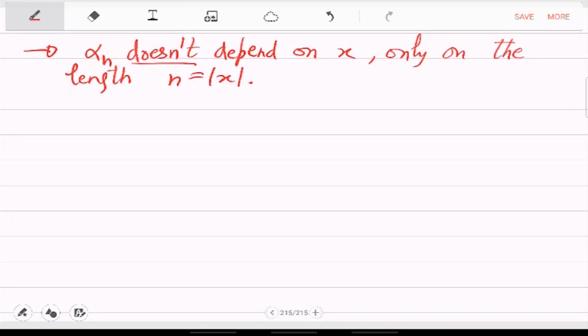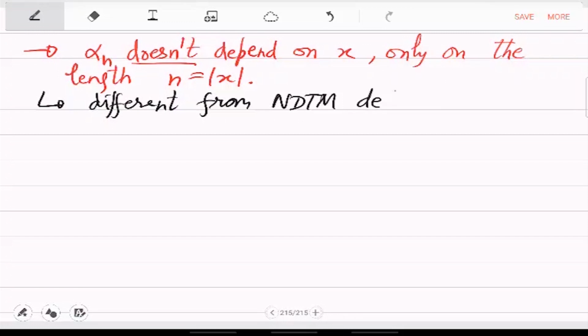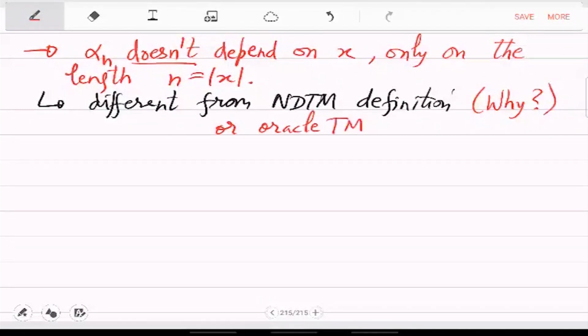So that is a difference from NP. Check this as an exercise: how is this different from the NDTM definition or the Oracle definition? You can see the differences.